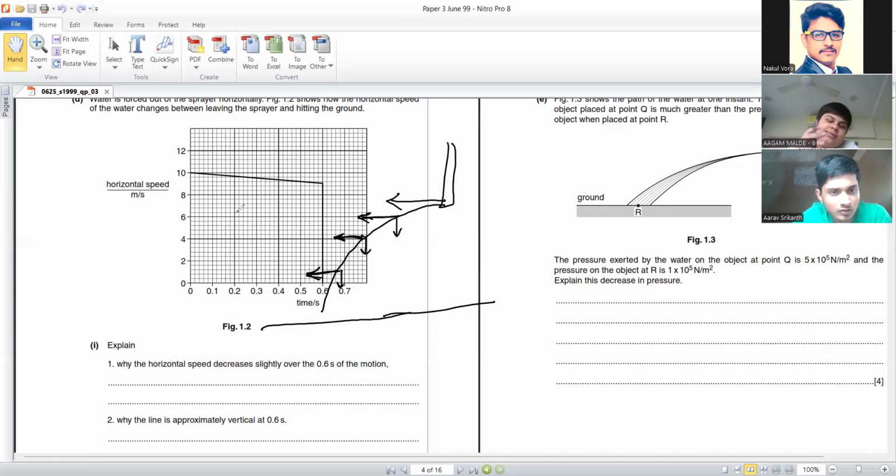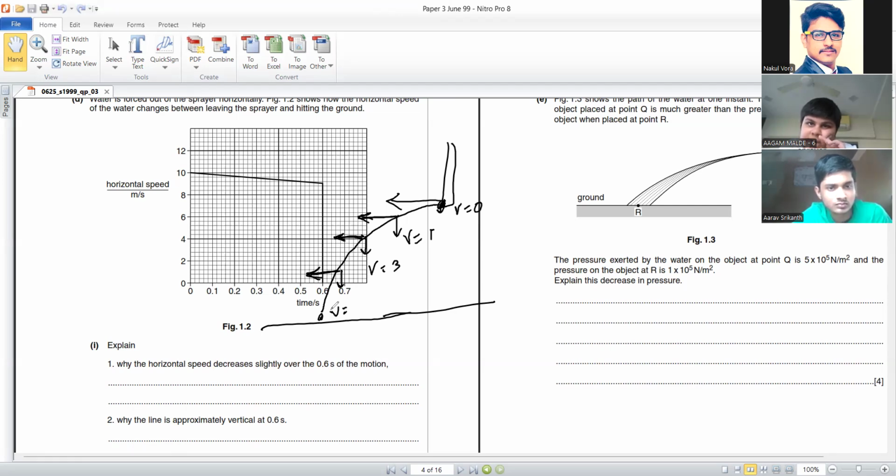The water, which had a zero component in the vertical speed, is now gaining some value, and finally reaches some speed, 6.